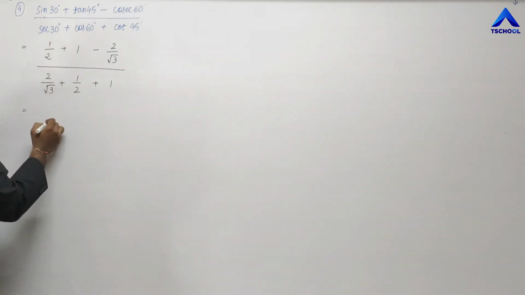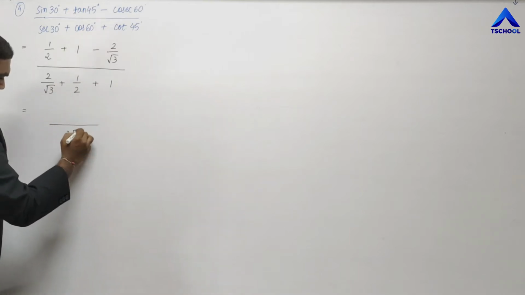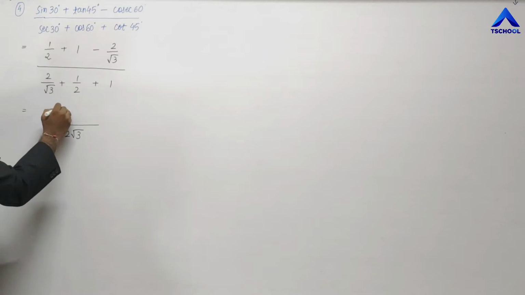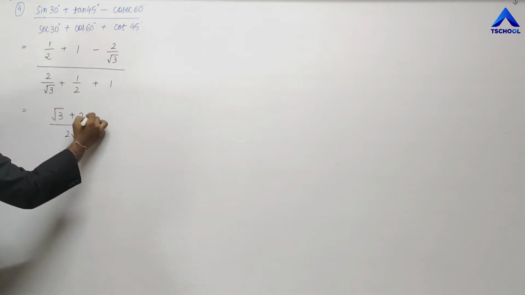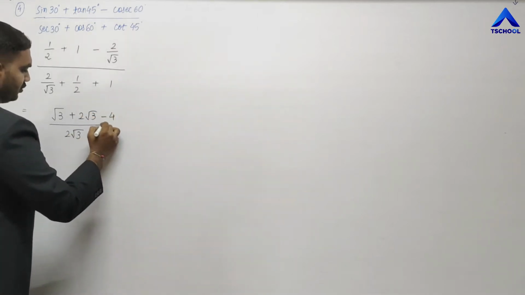So that becomes 2 root 3. That is the numerator I am writing. In the next step, we are going to write down the denominator. So here 2 root 3, that goes for root 3 plus 2 root 3 minus 4.